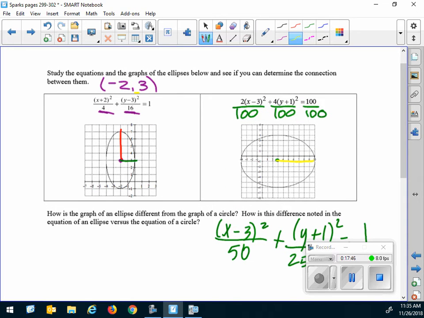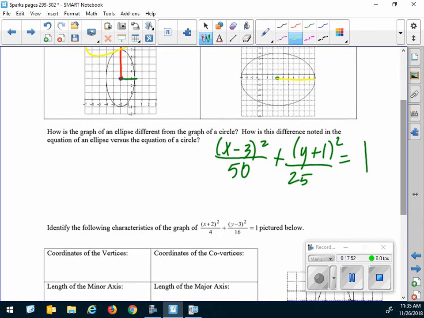We squared it. Now 7 squared is 49. So what we know is the length of the A is square root of 50, right? Which is just a hair above 7. And we're okay that the 50 is under the X because the major axis is parallel to the X-axis.